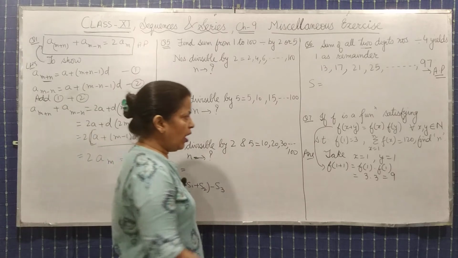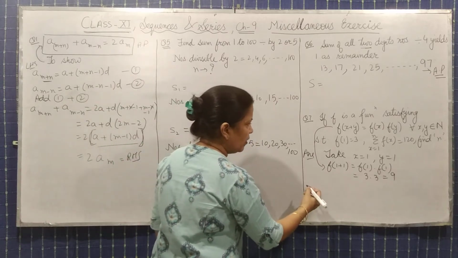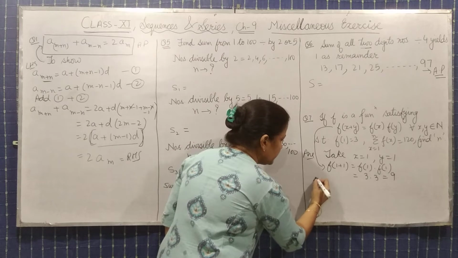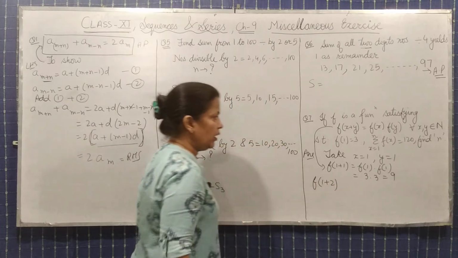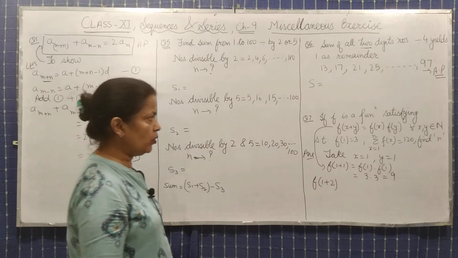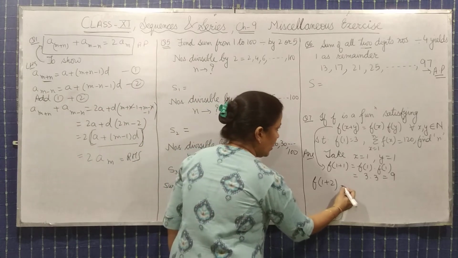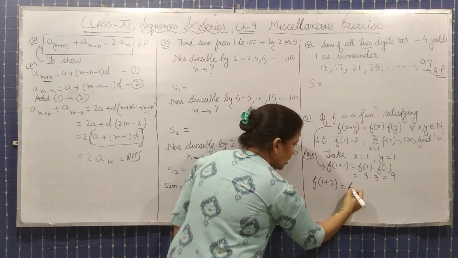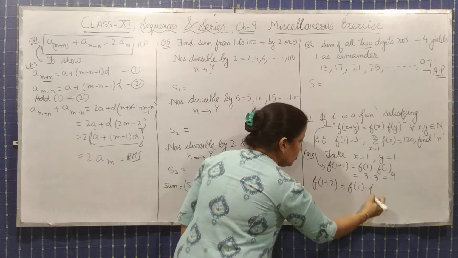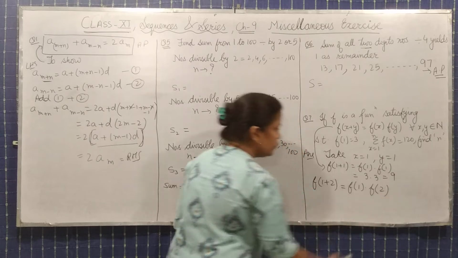Okay. Now we will take next number, f(1 plus 2). So what will you get? f(1 plus 2). According to this, f(1) into f(2).